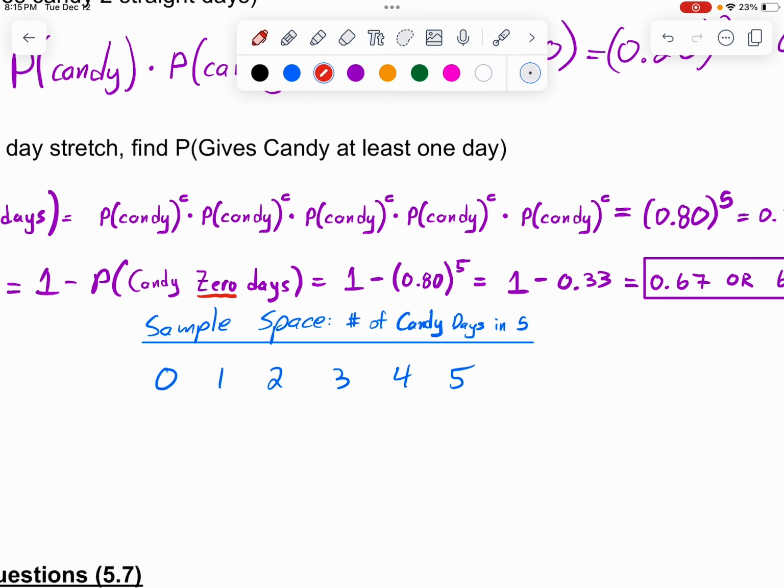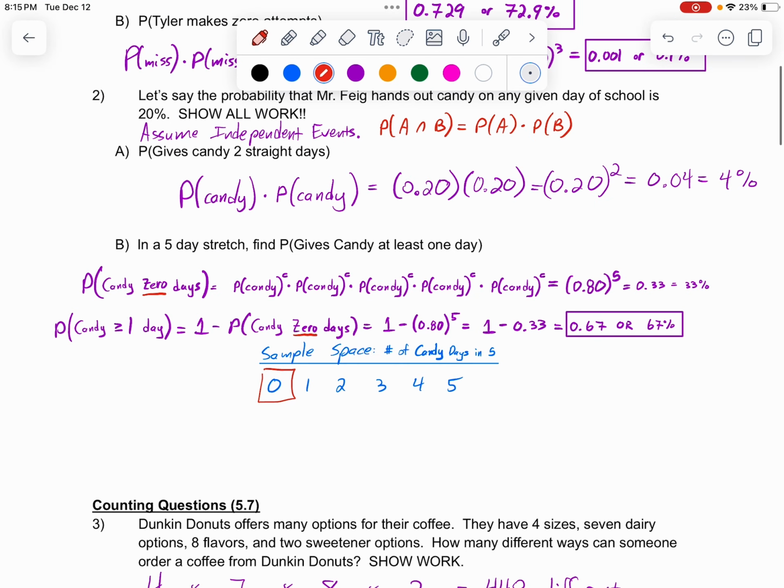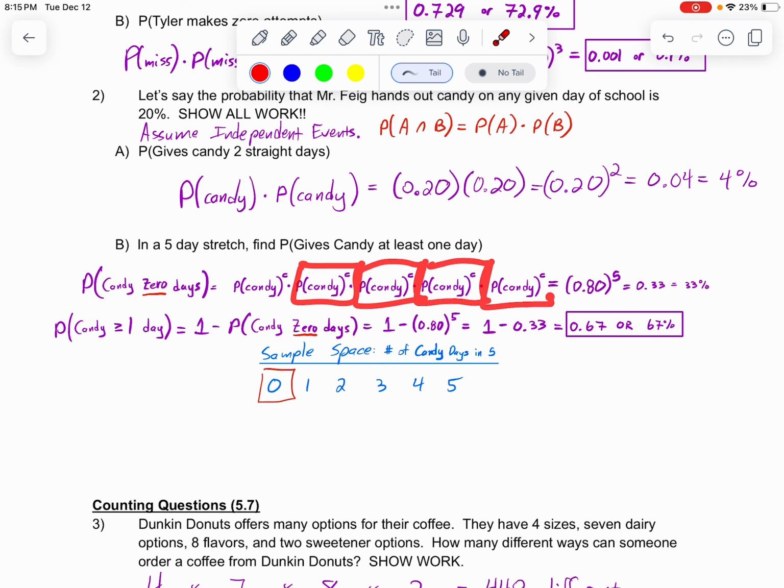That's the first thing I'm going to do. What's the probability of 0 days of candy? I've done that here, candy for 0 days. This would be with a superscript C, meaning no candy, no candy, no candy. They all have the complement notation. So this is 1, 2, 3, 4, 5 straight days, no candy.